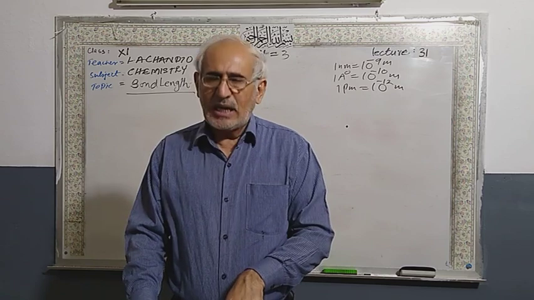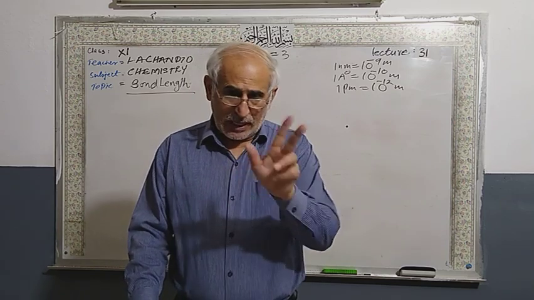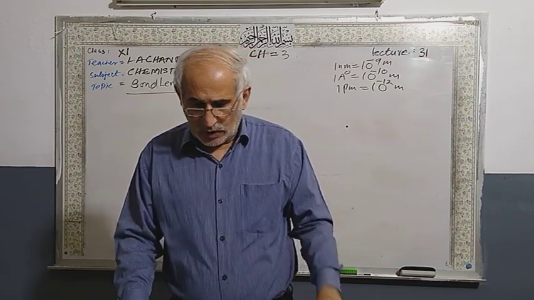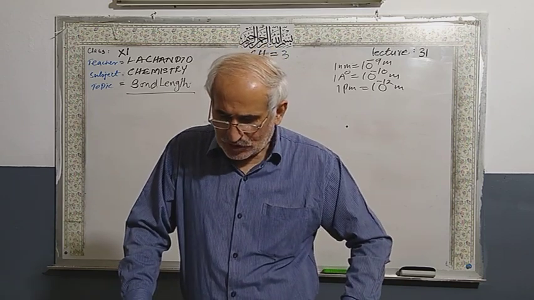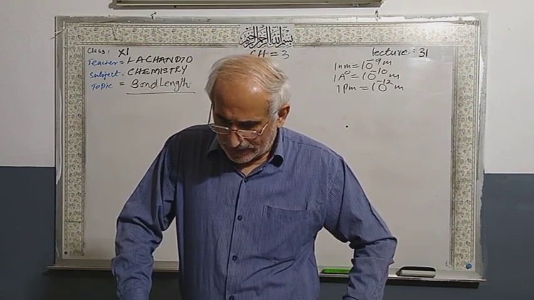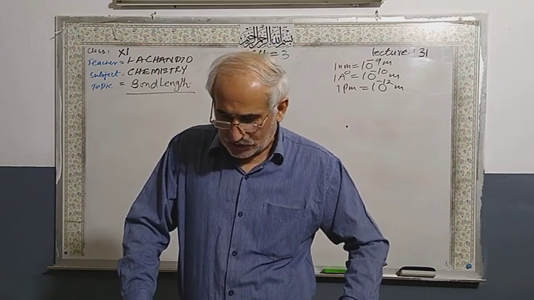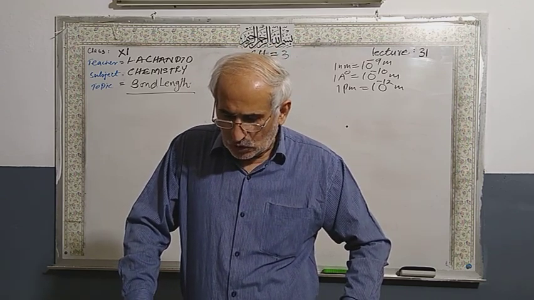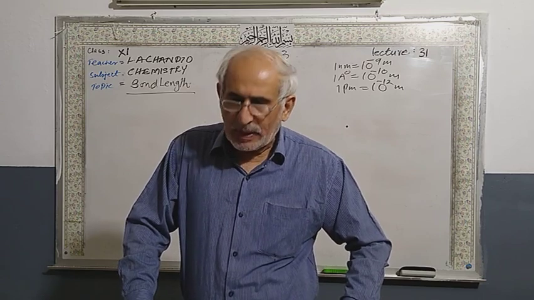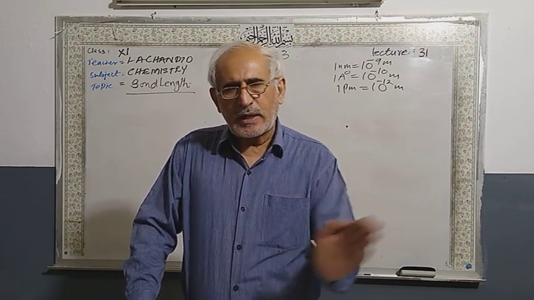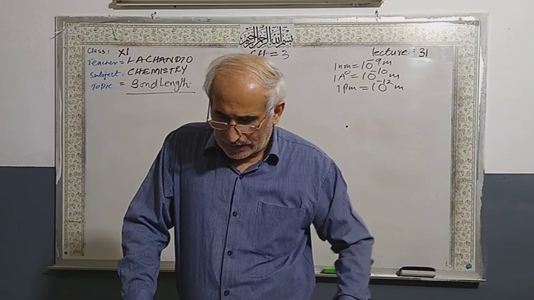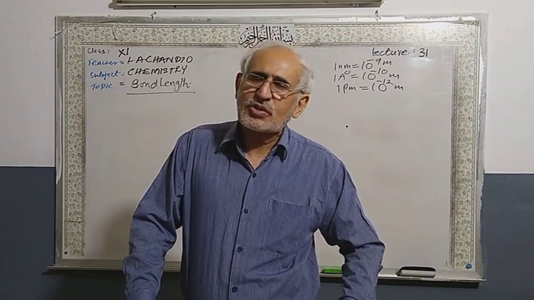Carbon-carbon single bond, same atom, single bond: 1.54 angstrom. Carbon-carbon in ethane, 1.54 angstrom. Ethyl chloride, the carbon-chlorine bond, between carbon and chlorine, different atoms, is 1.55 angstrom.